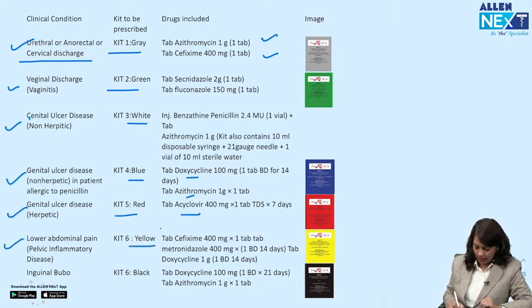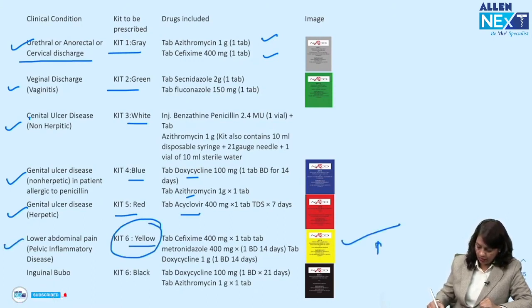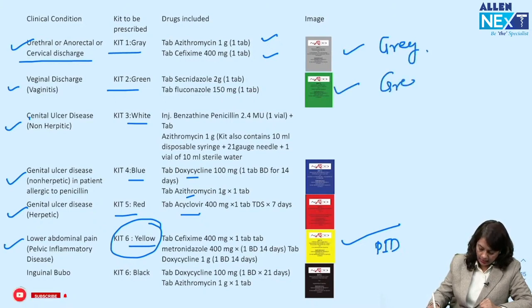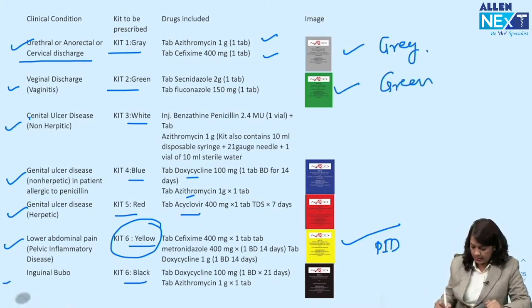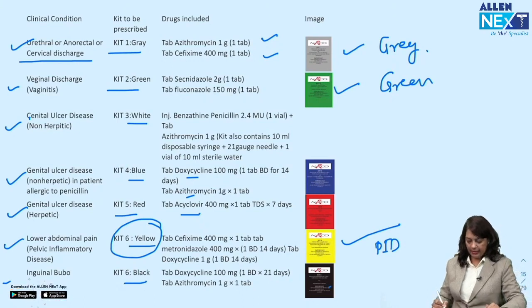PID is the yellow color kit. For gynae, remember the yellow color kit is for PID. Grey color kit for cervicitis and green color kit for vaginitis. Inguinal buboes, it is the black color kit containing doxycycline and azithromycin.